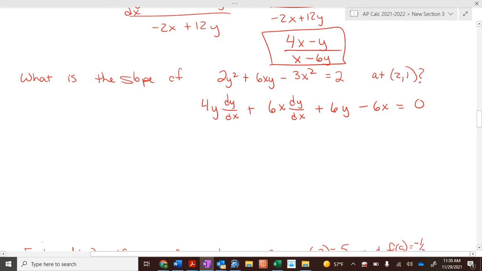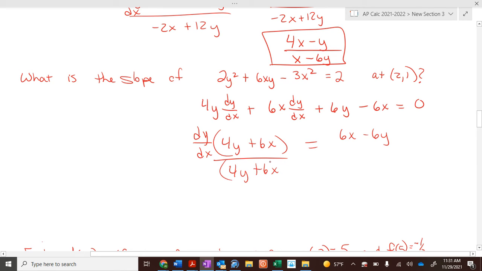Okay. Now, move the other things over. So 4y plus 6x times dy/dx equals 6x minus 6y. Divide by 4y plus 6x.